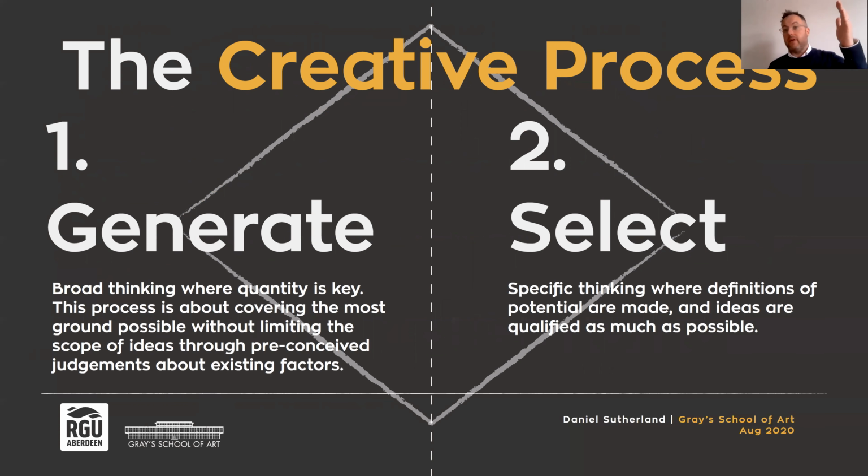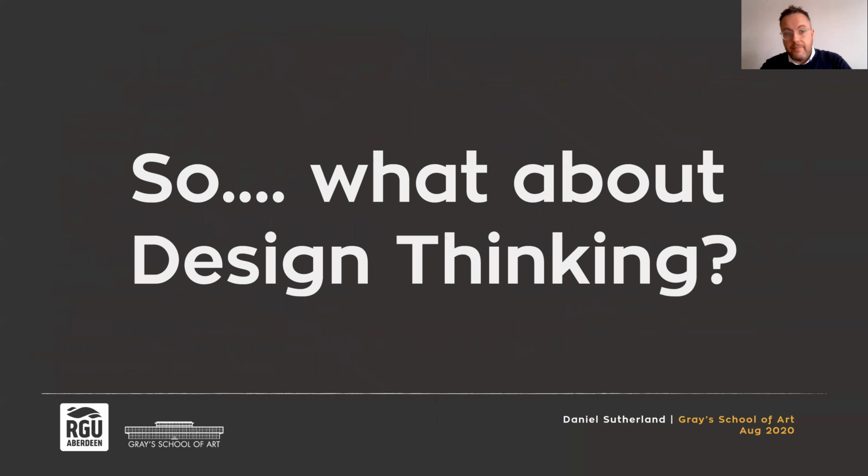You're discovering the brief, and then you're selecting information. You are defining what the parameters are of that. And then the second part, you're developing ideas. You're being divergent, and you're generating ideas. And then at the end, you are being selective, and you're creating solutions and delivering on the brief.